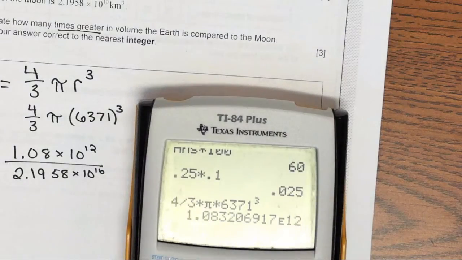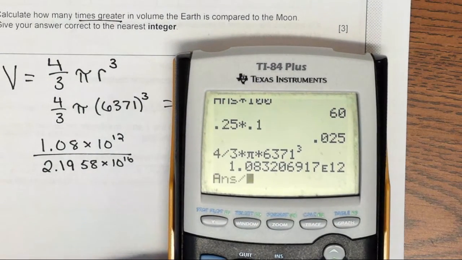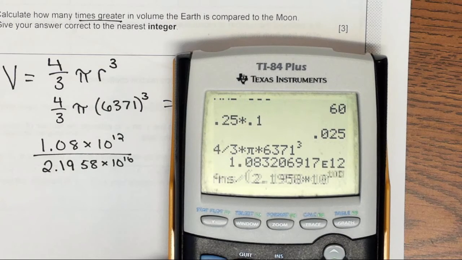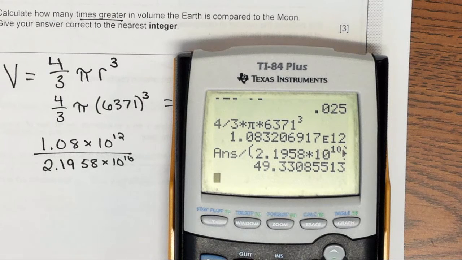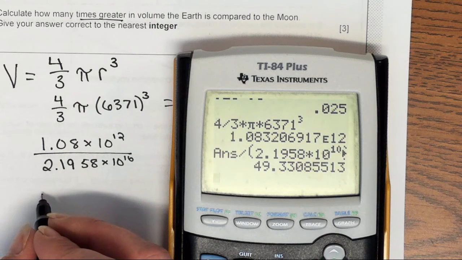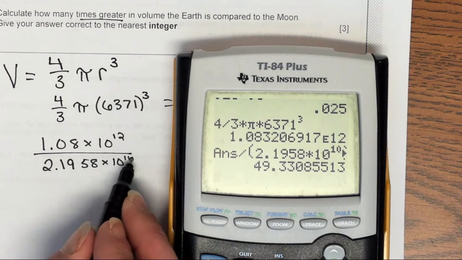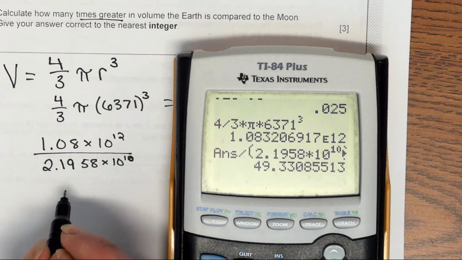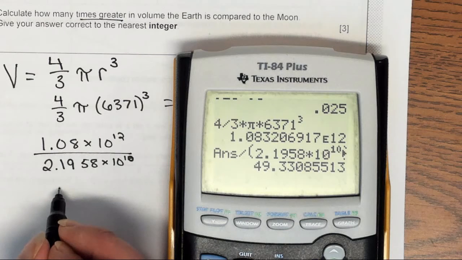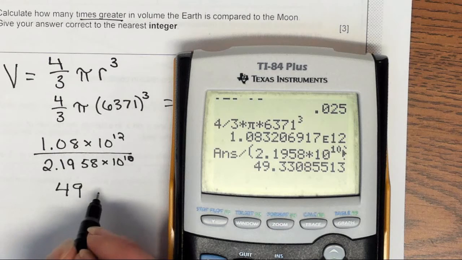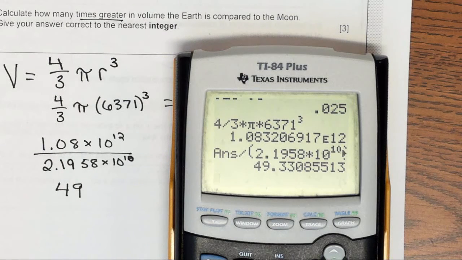I would have taken that last answer that I got, divided by, parentheses, 2.1958 times 10 to the 10th. And it said, leave your answer to the nearest integer. Do you want to write your entire calculator screen on that one? No. If it says nearest integer, that's 49. That's it? That's it.